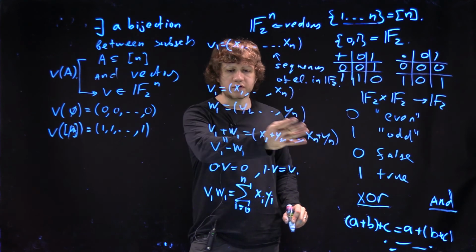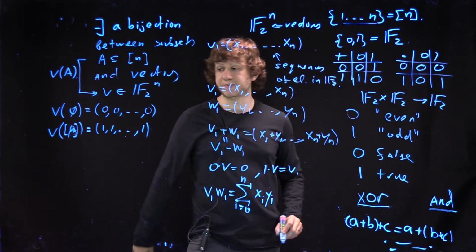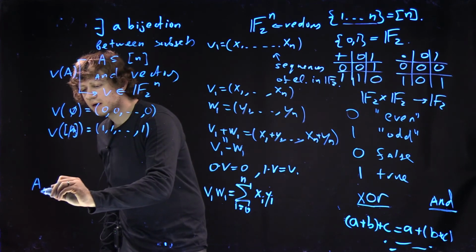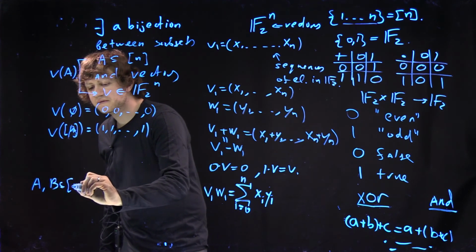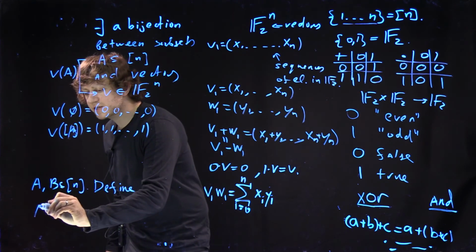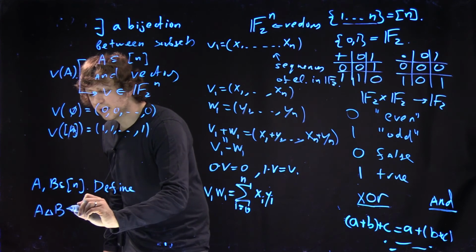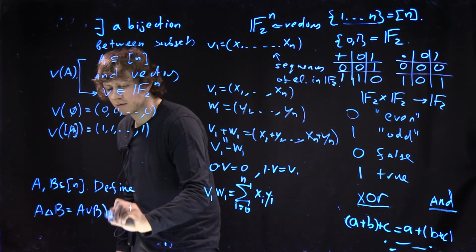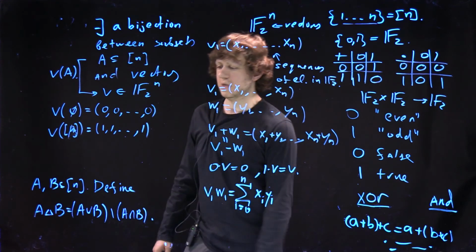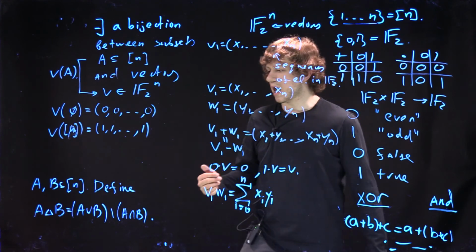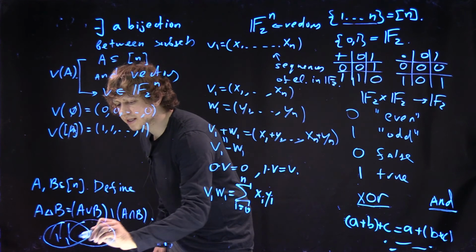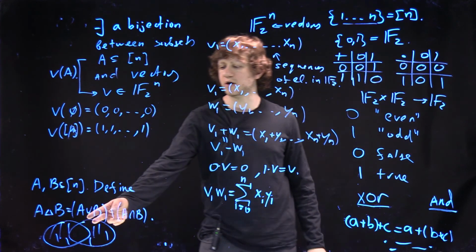But here we have a beautiful operation, the sum. So what is that? The answer is, if you have two sets A and B that are subsets, then just define their symmetric difference to be A union B minus the intersection. So this is called symmetric difference. And geometrically, you just draw two sets and you take all elements except those which are in the intersection.